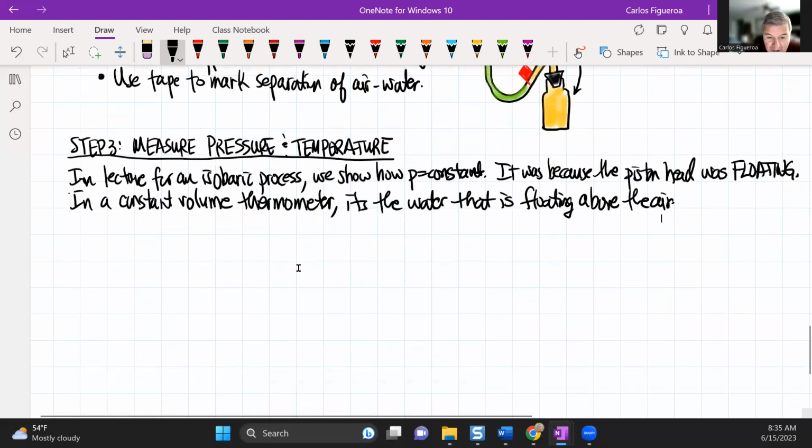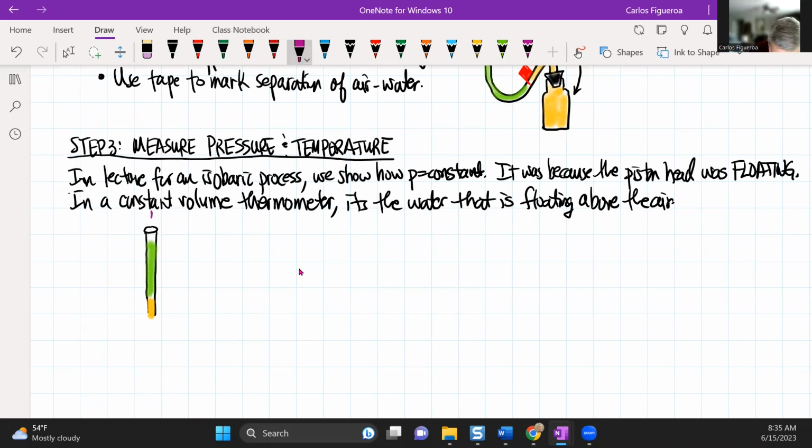So what you are seeing here is that when you look at the tubing, we have a certain amount of water, and then here we have the air. And so now I have two things that are acting.